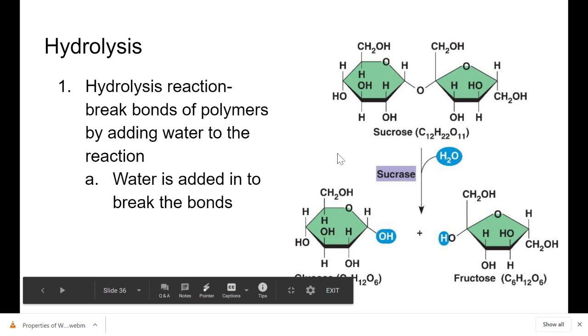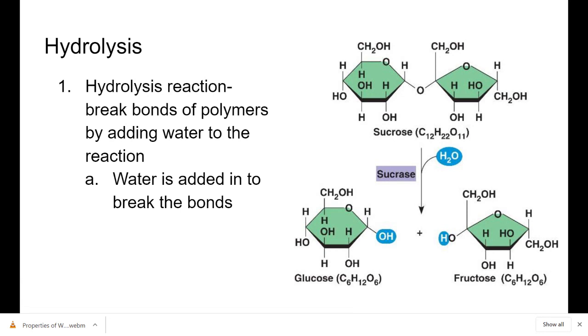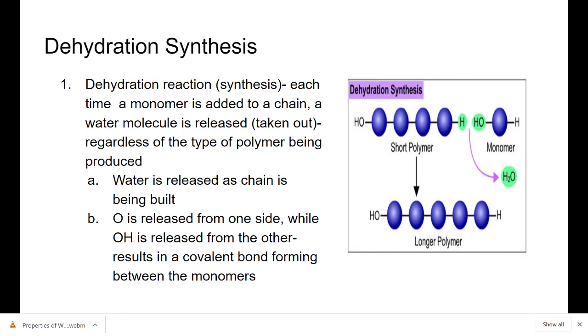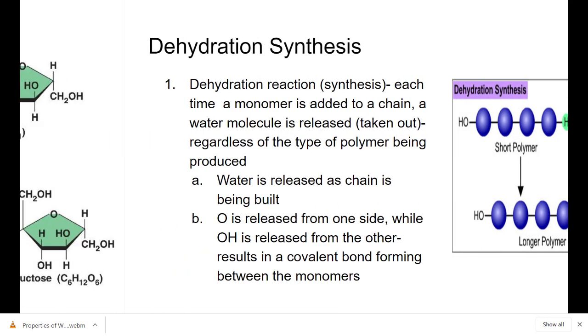I always say it's kind of like I have this little squirt gun. If I shoot this little squirt gun at a polymer, I can break the bonds and turn it into its individual monomers. So hydrolysis is breaking bonds by adding water. Dehydration synthesis is building bonds by taking water out.